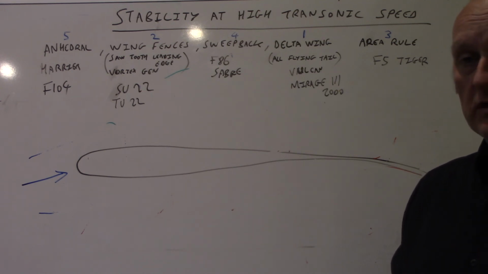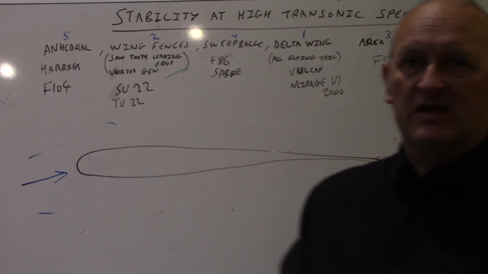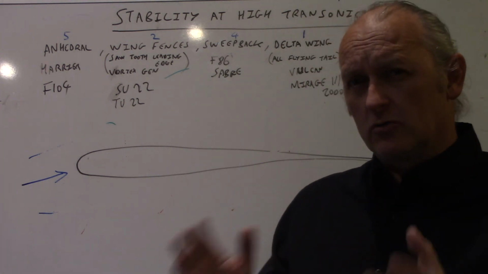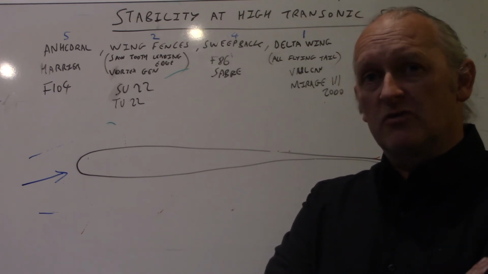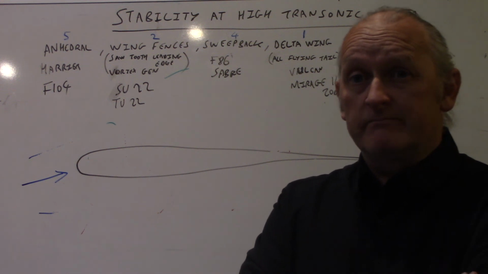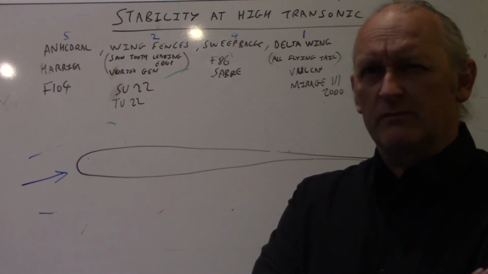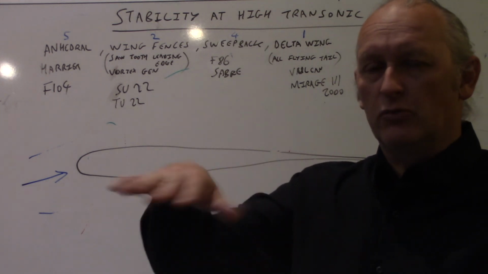That's my theory anyway. If I was asked to put an answer on an exam, how do you damp out longitudinal phugoid motion on high transonic speed aircraft, that's what I would say. If that's the wrong answer, then please, I'm sure lots of pilots, everybody starts talking about yaw dampers, please, that's a completely different plane of motion.